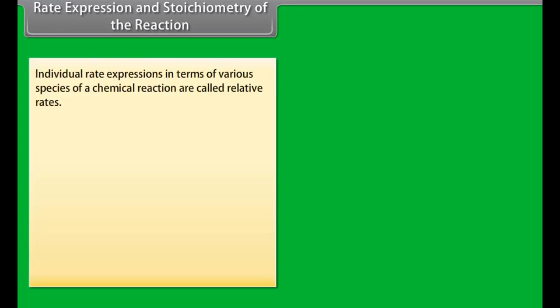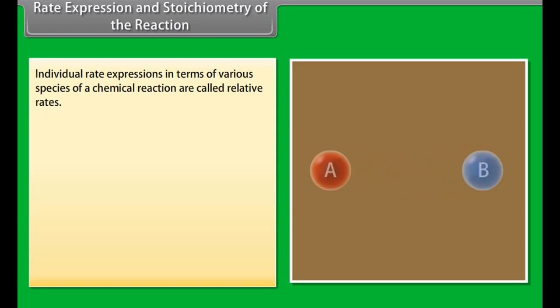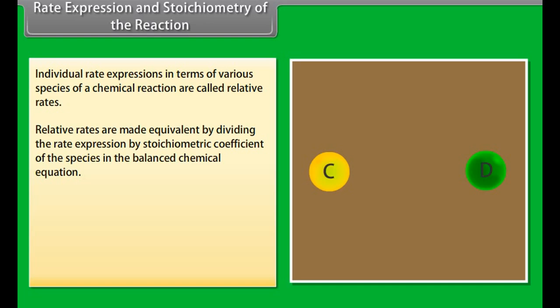Rate expression and stoichiometry of the reaction. Individual rate expressions in terms of various species of a chemical reaction are called relative rates. Relative rates are made equivalent by dividing the rate expression by stoichiometric coefficient of the species in the balanced chemical equation.